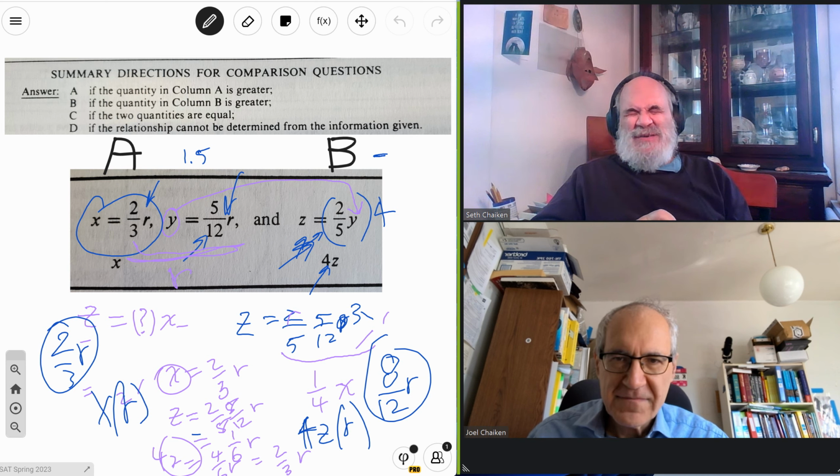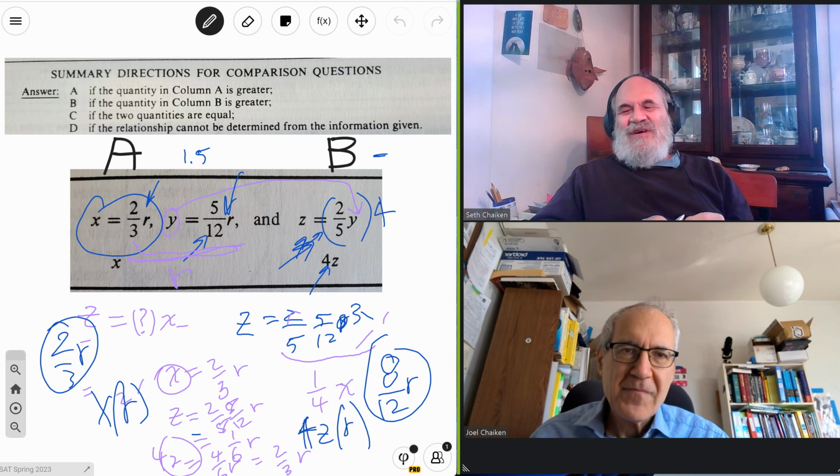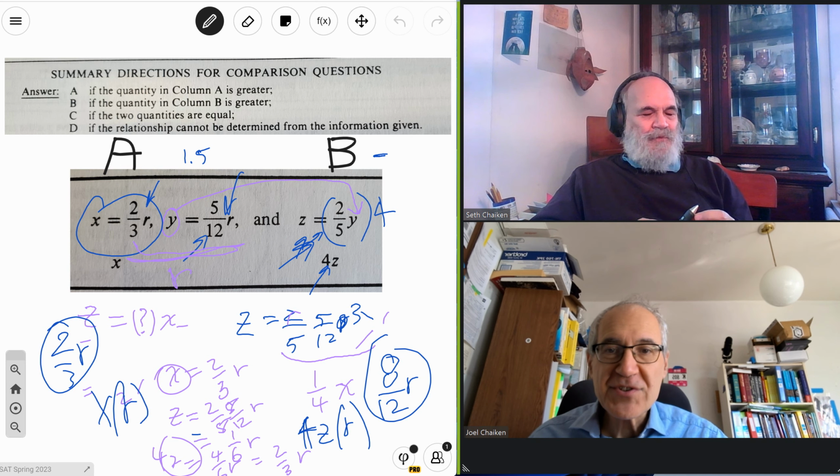They're equal by a ratio. No, the equality is a consequence of the particular numbers that they gave you. Anyway, you will probably never see a question like this on the modern post-2016 SAT.